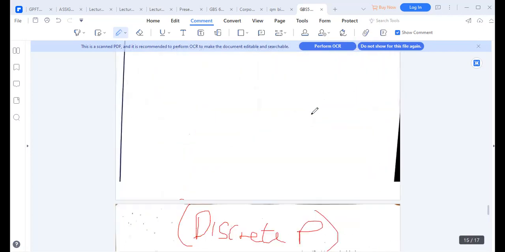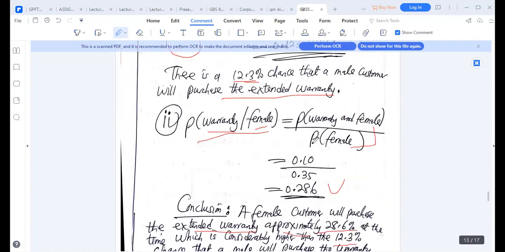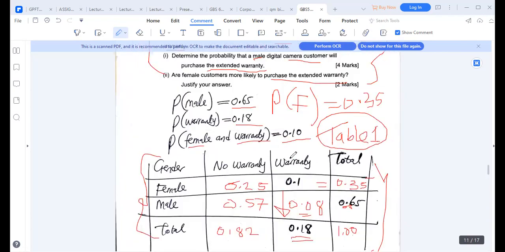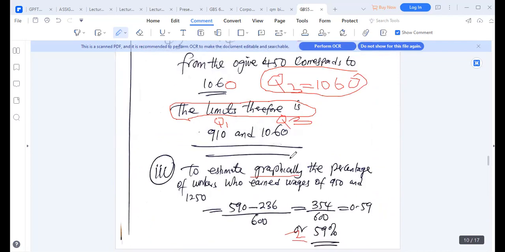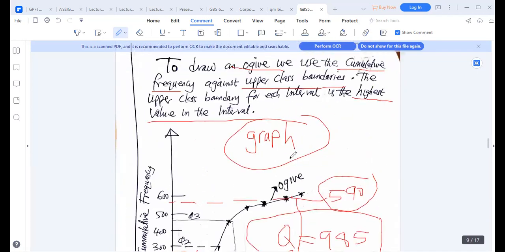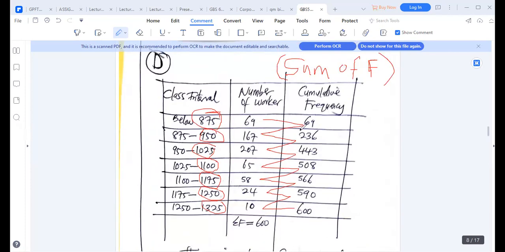So we've looked at the probability for discrete distributions. We've also looked at the conditional probability that came in this kind of question. The first part was on descriptive statistics, where we looked at the intervals and the cumulative frequency.